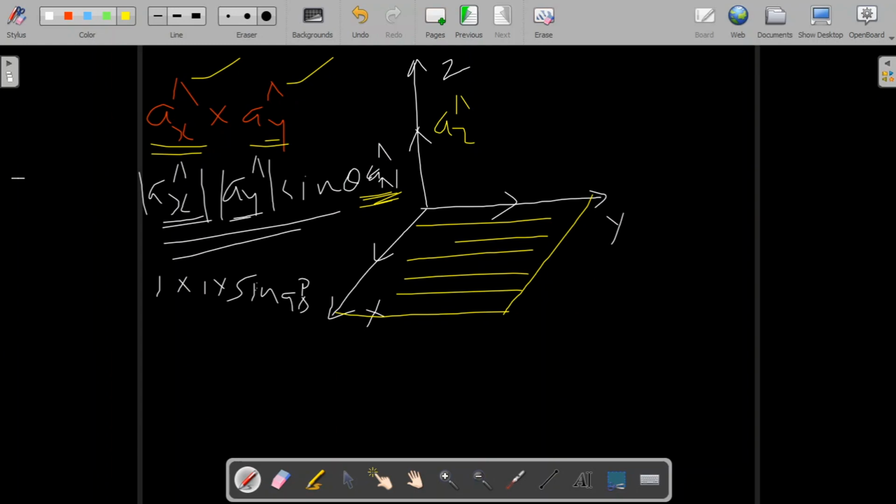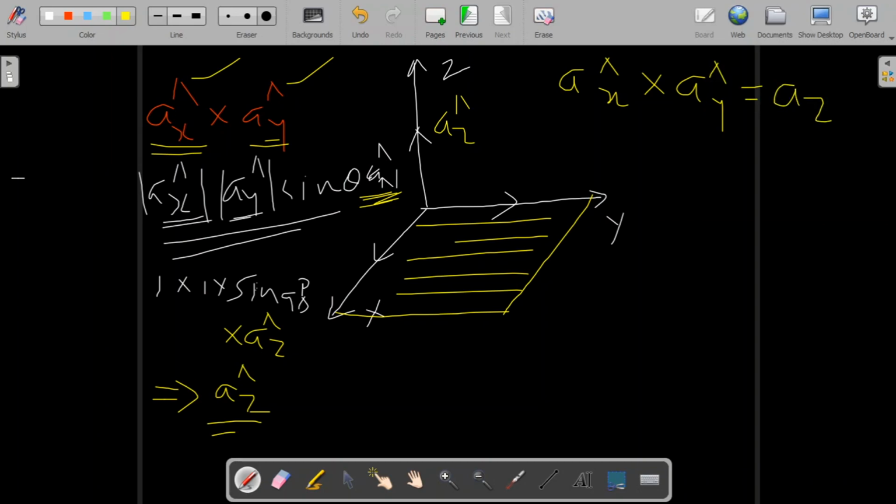So 1 into 1, sine theta is 90 degrees, so sine 90 into Az cap. What is sine 90 degrees? 1, right? So what do I end up with? 1 into 1 into 1 into Az cap. So Ax cap cross Ay cap is nothing but Az cap. Is that very clear?